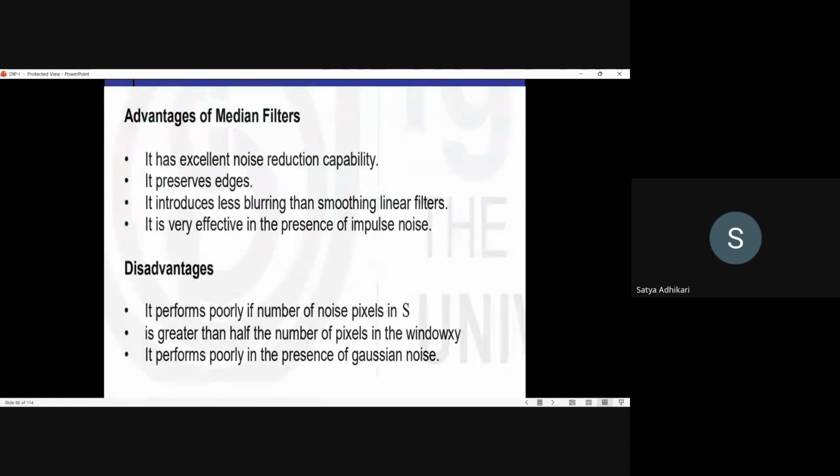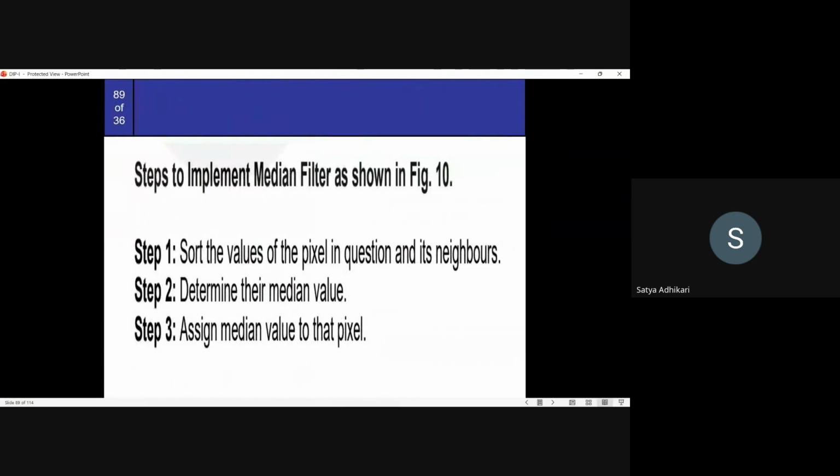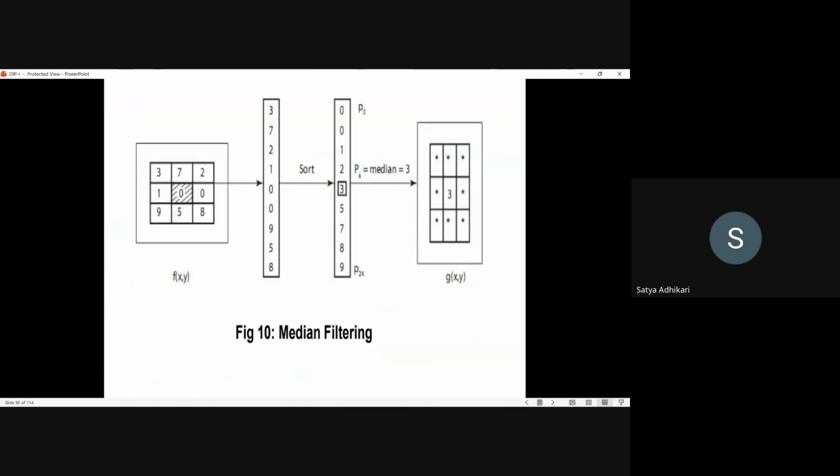Then the median filter. In place of the mean, we took the median of those values. We have discussed this in the last class already. Please recall. 0 is in the hotspot, and 0 is replaced by 3 by taking the median value.